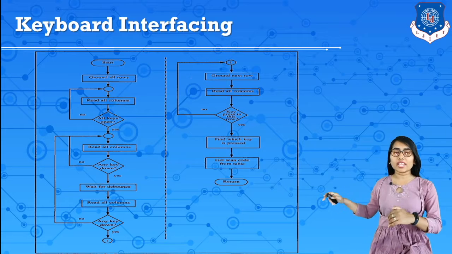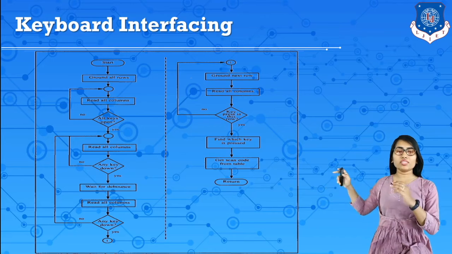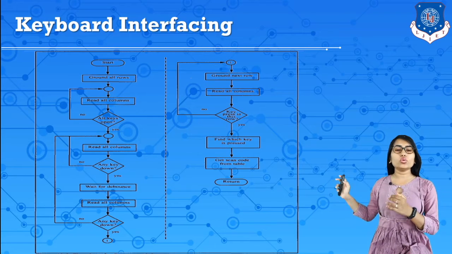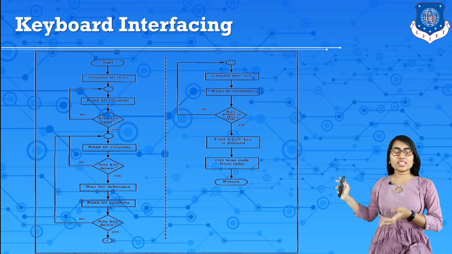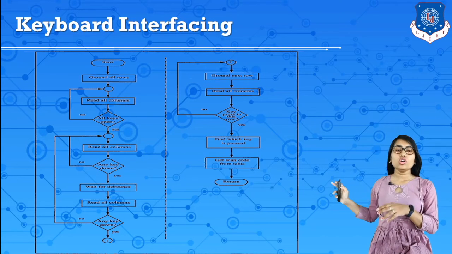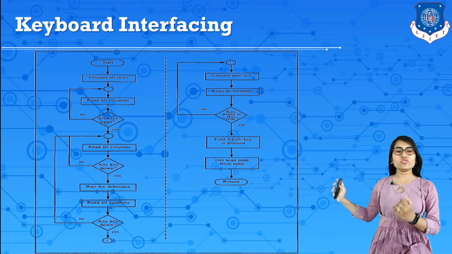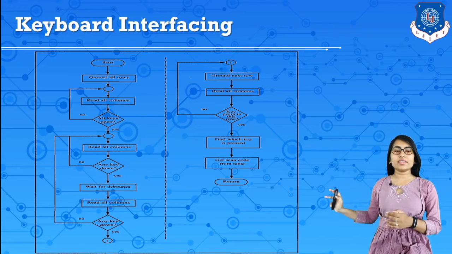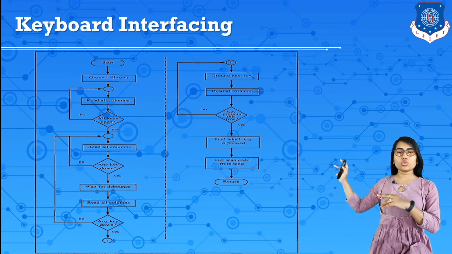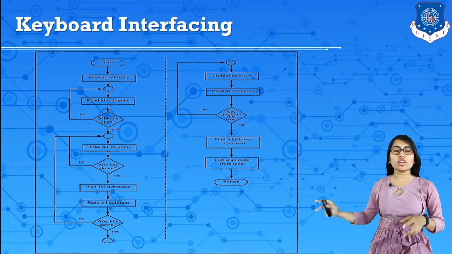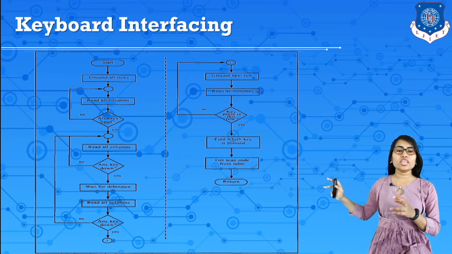That means it waits for debounce, to check which character is placed, and then debounces again. If any key is down, it waits for debounce and then reads all the columns again; if no key is down, it reads all columns.